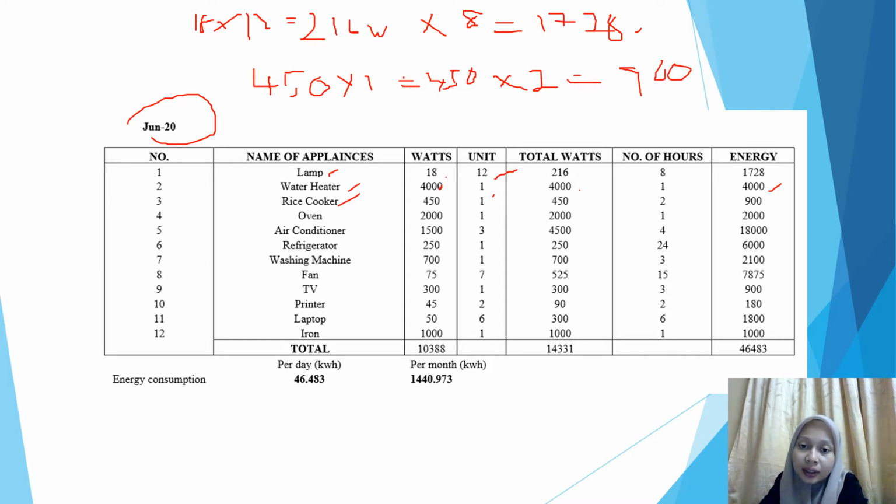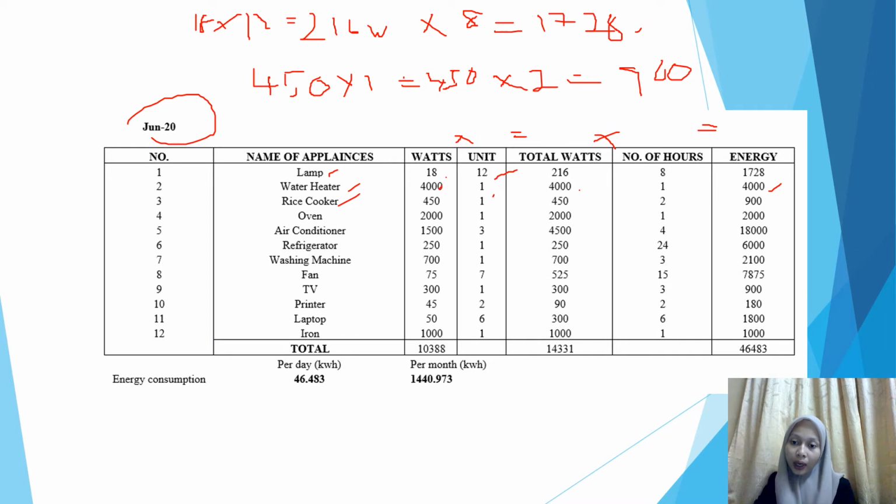After you calculate the watt and unit, you get the total watt. After that, total watt times number of hours, and you get the energy used in 1 day. So to get the total, I add all the energy, and I get 46,483 watt.